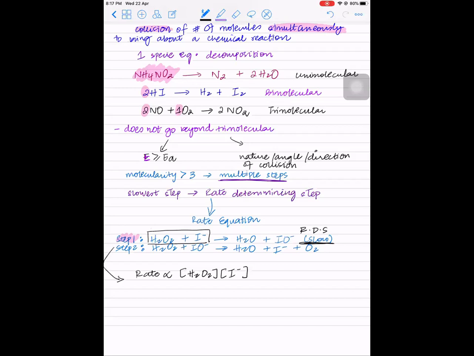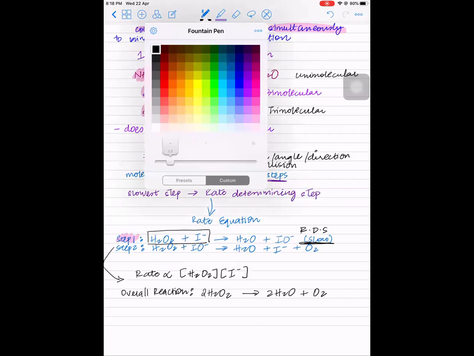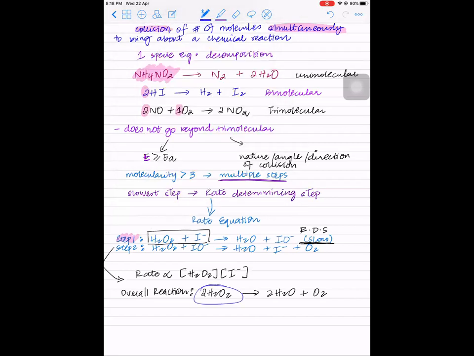What, however, will be the overall reaction? You just add both these equations, and that would give you 2H2O2 giving 2H2O plus O2. Do you see that iodine right here is not even in the overall equation, because it cancels out, this cancelled and this cancelled.